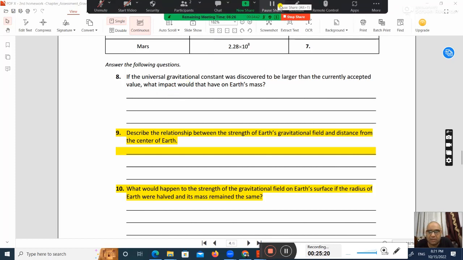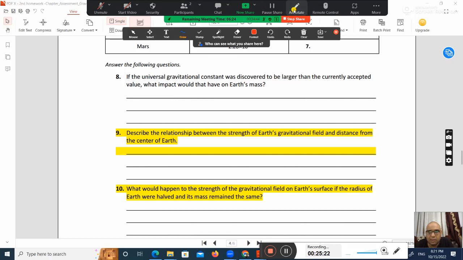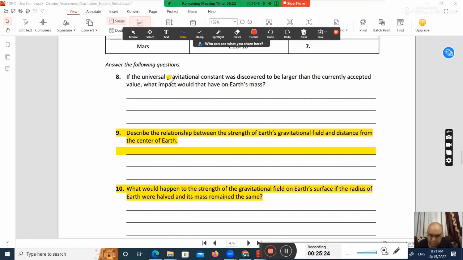Let's say that for the gravitational constant, Fg is equal to G m1 m2 over r squared. One of them is the mass of Earth, and the other one is the mass of the Sun. Let's say that this one is Earth and this one is Sun.